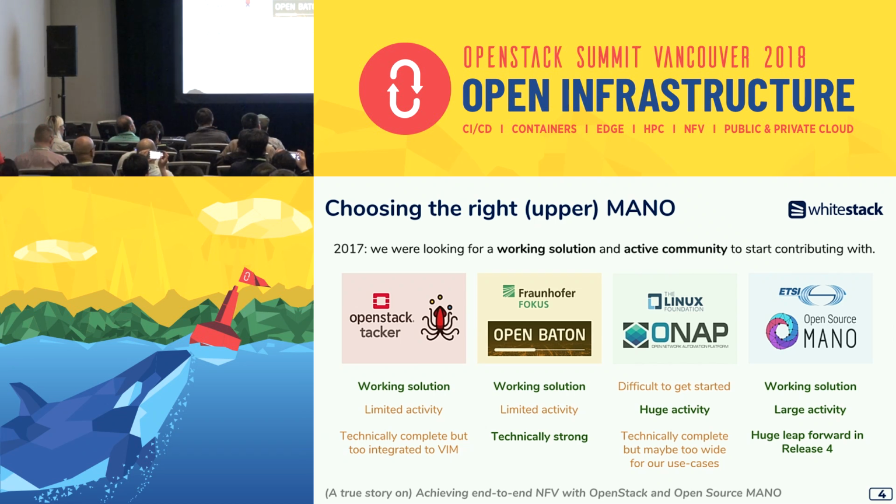Regarding OpenBaton, it's a technically very strong project. The architecture is very neat. Regarding ONAP, we think it's technically complete because it comes from a production-grade development like ECOMP, but maybe it's too wide for our use cases, at least.